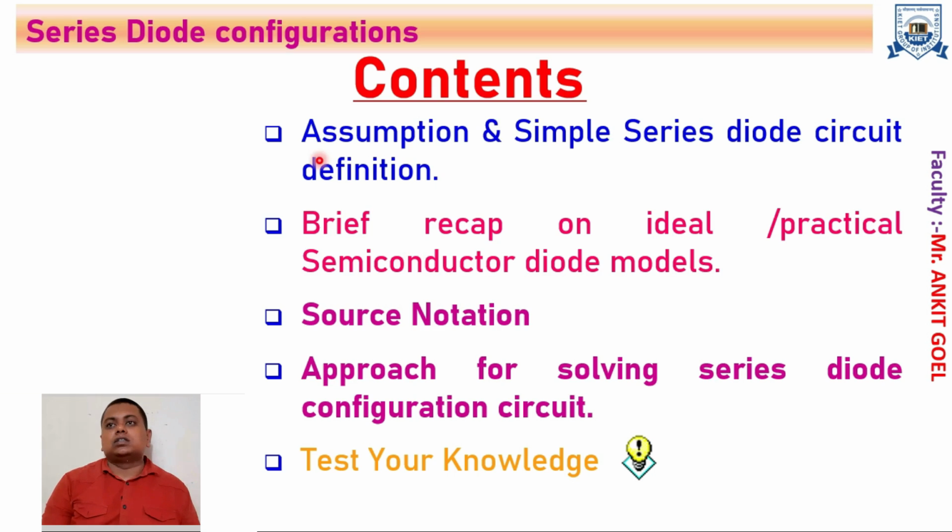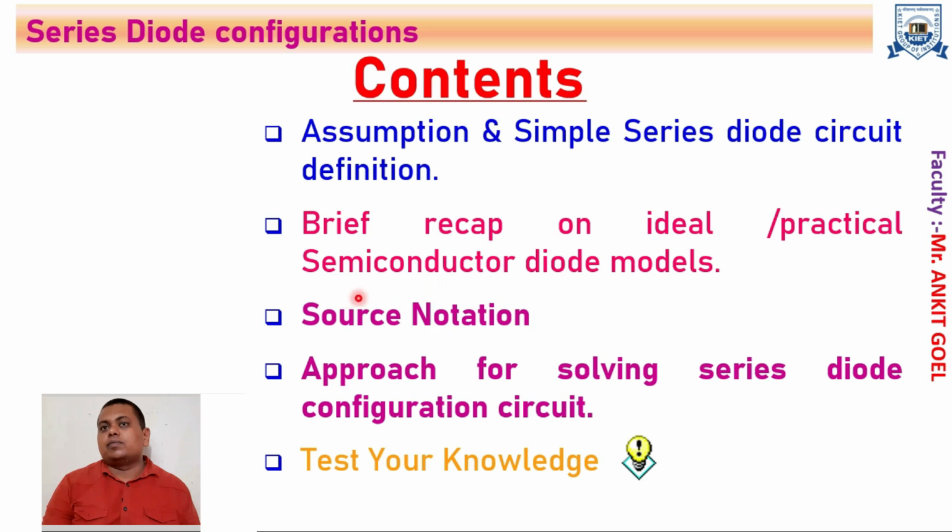Before discussing the simple diode circuit, we will recap the semiconductor diode electrical models, that is ideal and practical, which are useful for solving the numericals based on series diode circuits. Then we will have one discussion on source notation, that is how the voltage source is denoted.